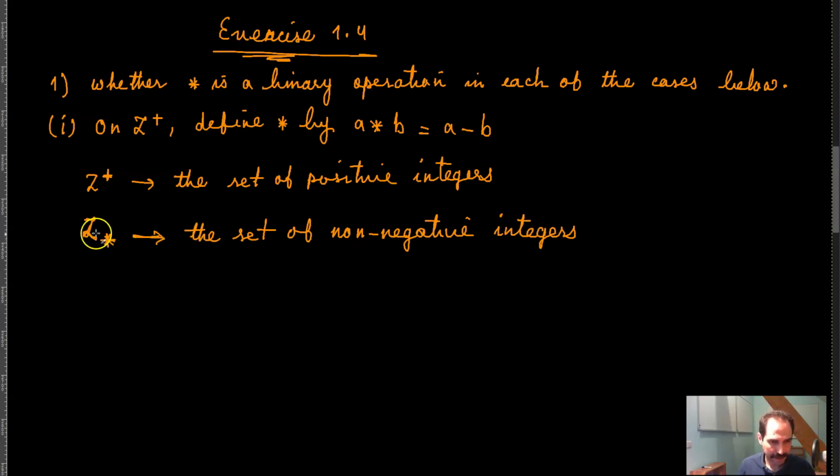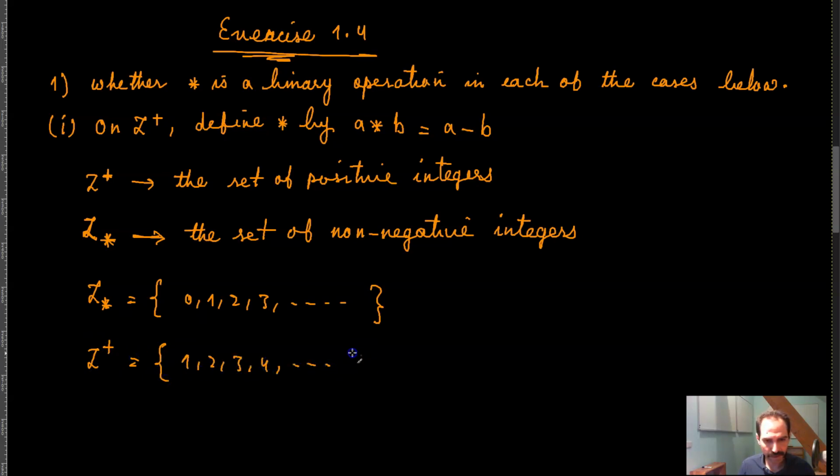So the set of non-negative integers, Z star, is as a set 0, 1, 2, 3, and so on and so forth. That is the set of non-negative integers, which includes 0 as well. Now the set of positive integers, Z plus, is 1, 2, 3, 4, and so on and so forth, all the way up to infinity, which is the same thing as the set of natural numbers, right?